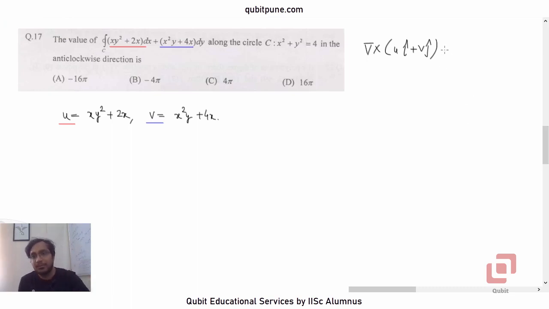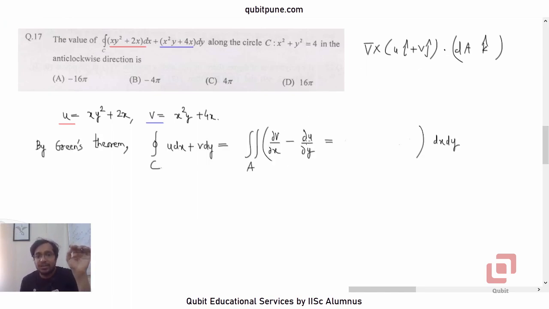So if I take it as dot dA bar, that dA bar is actually dA k cap. So that dot product gives you 1, k dot k is 1. So what remains is just the scalar function partial v by partial x minus partial u by partial y.